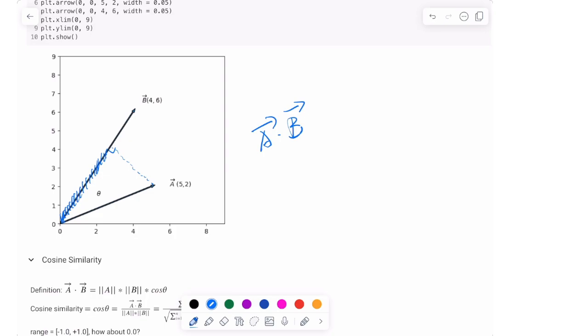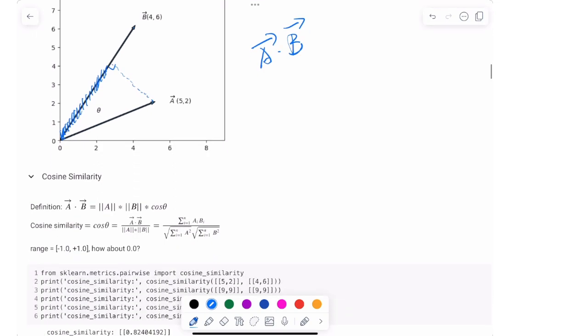If the projection is longer, that means A and B are similar. If the projection is 0, that means vectors A and B are orthogonal.